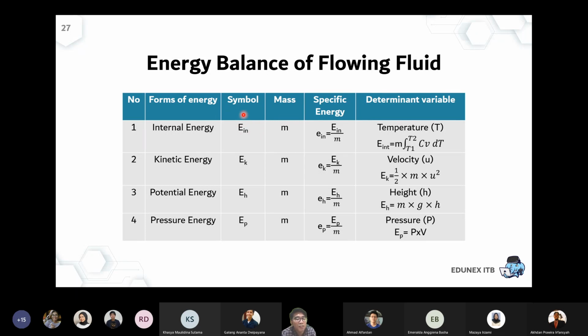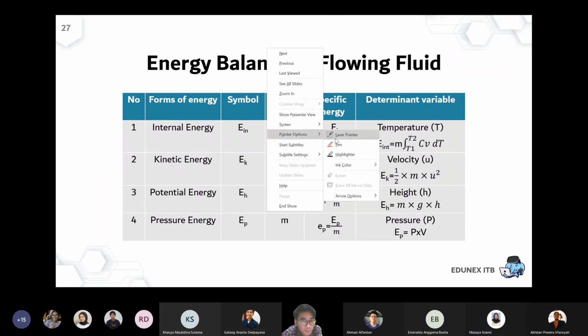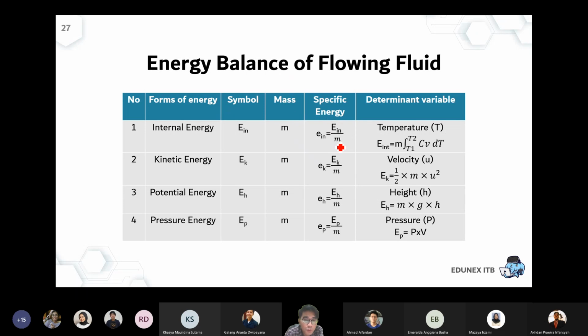The standard unit of energy? Anyone still remember? Joules. The unit will be joules. This is the SI unit for energy.